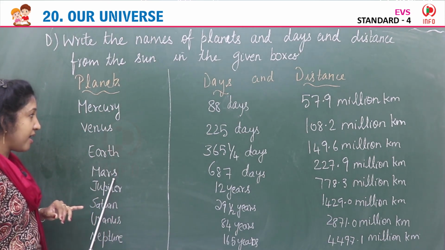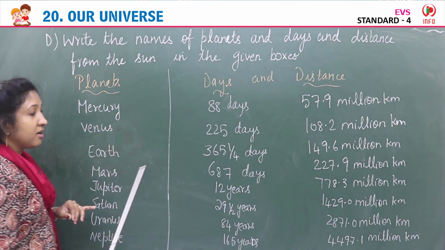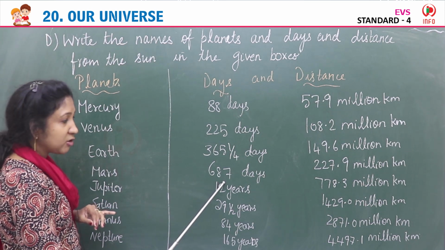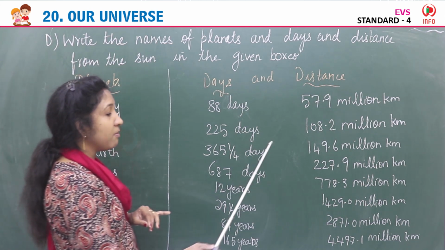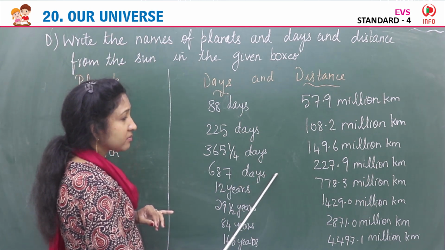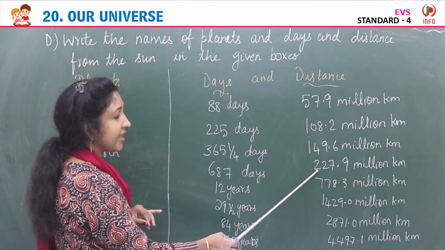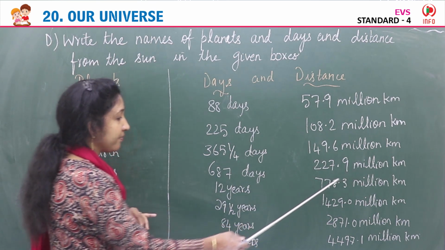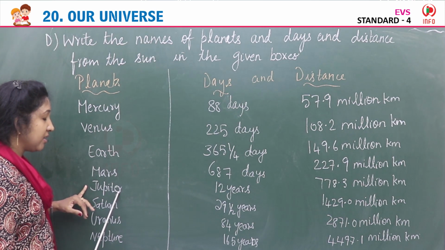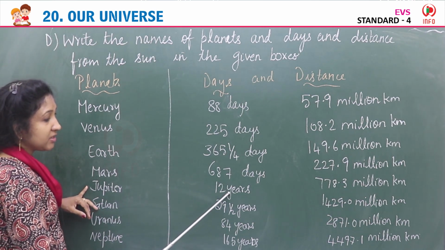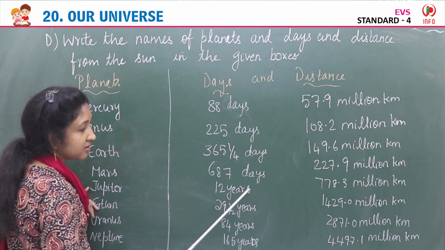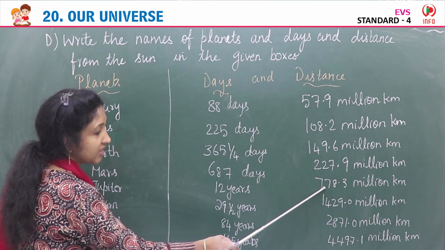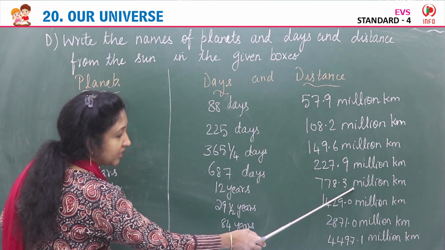Then the next planet is Mars, the fourth planet. It takes 687 days to orbit the sun, and distance of Mars from the sun is 227.9 million kilometer. Then next is Jupiter. Jupiter takes 12 years to orbit the sun, and its distance from the sun is 778.3 million kilometer.